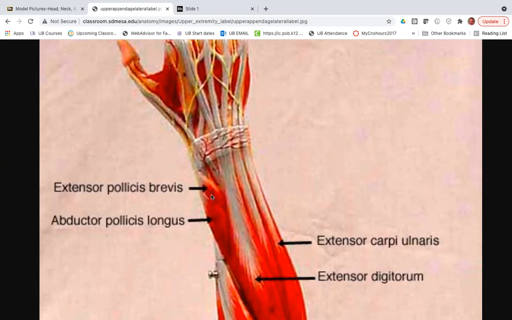Now, if there's an extensor pollicis brevis, there's going to be an extensor pollicis longus. There's also an abductor pollicis longus. And if there's an abductor pollicis longus, there's going to be an abductor pollicis brevis. But here's the extensor pollicis brevis and an abductor pollicis longus.